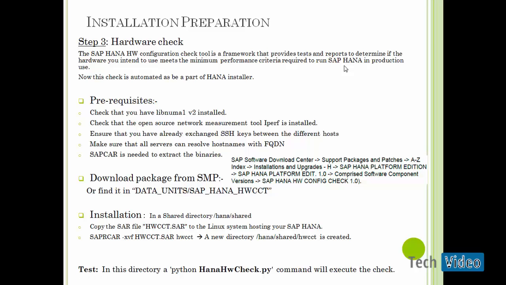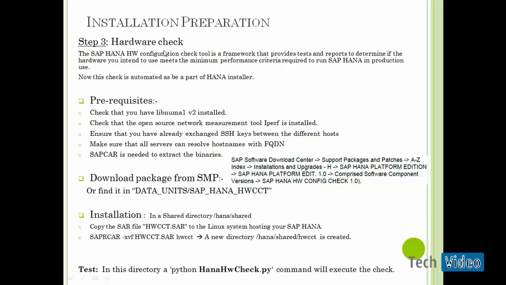This hardware configuration check can also give us information about any problems in the hardware which can result in a failure of the HANA implementation. By knowing this result beforehand, we will be able to avoid any unwanted issues during HANA implementation.